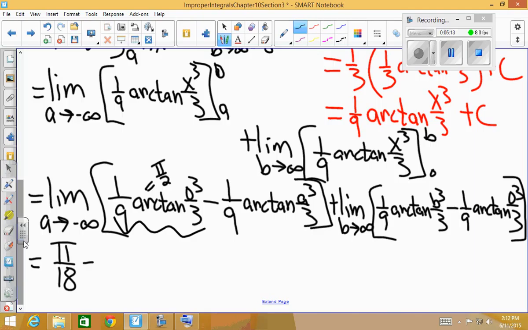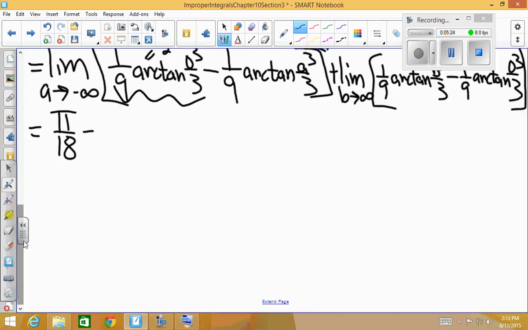Minus, now we need to figure out the arctangent of a cubed over 3 as a goes to negative infinity. One way to do that is to remember that the graph of arctangent has horizontal asymptotes at pi over 2 and negative pi over 2.